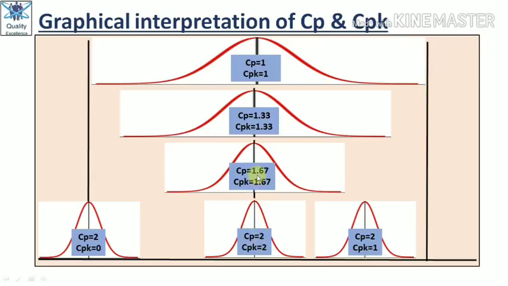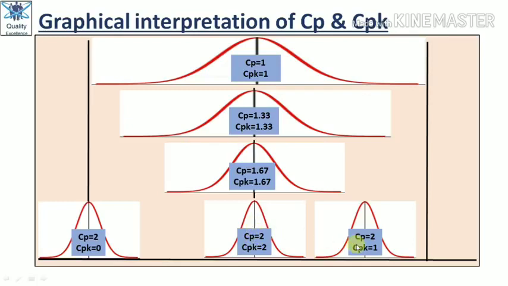And what will be the value? It depends on the spread of your process. And if you see here in this row, here CP remains same in all the cases because process width is same for all the 3 cases, but CPK changes because CPK is related to the centeredness of the process. Here your CPK is maximum because your process is very well on the center line.